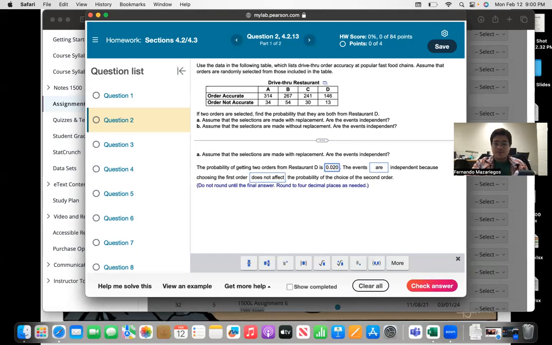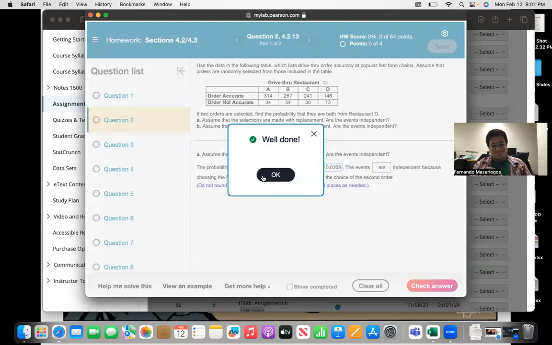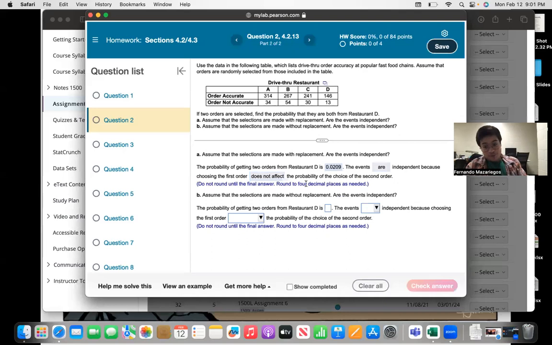We are asked to round to 4 decimal places. So we did everything right. I just didn't round correctly. So important to always read these to get the right answer.